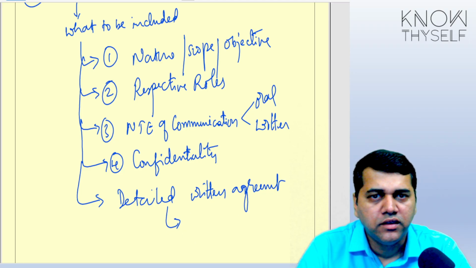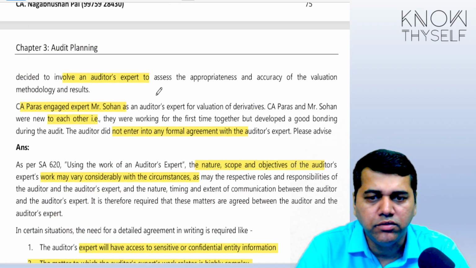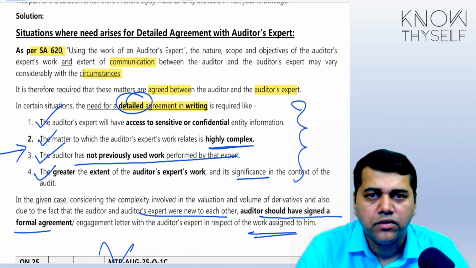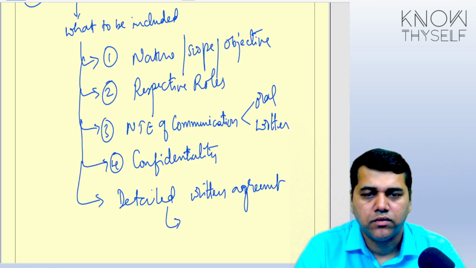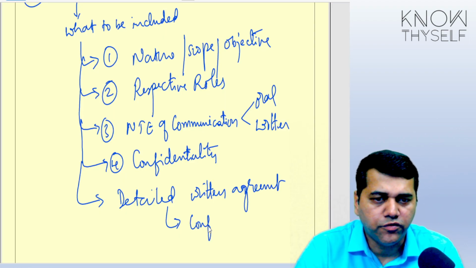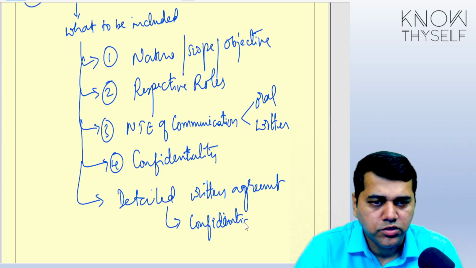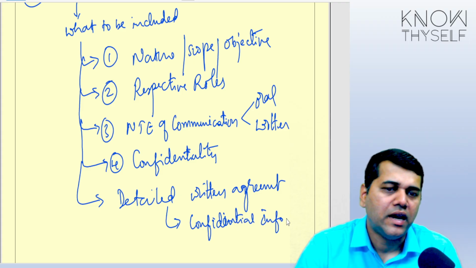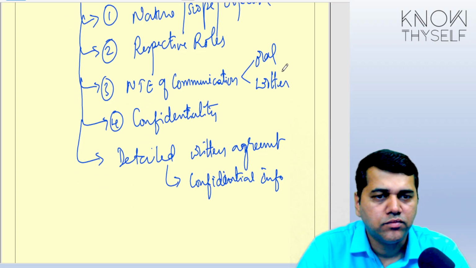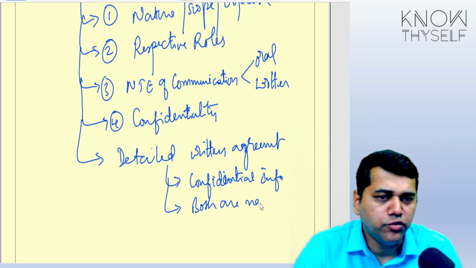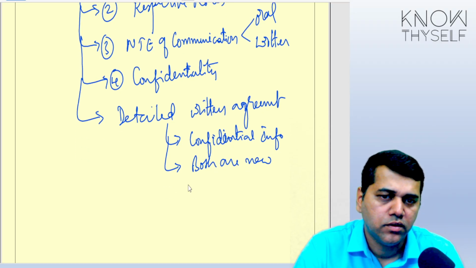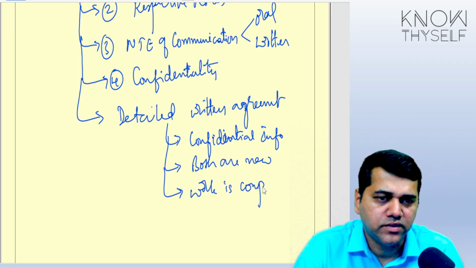These are all the points when you need to have it: when you have access to confidential info, both are new to each other, work is complex, and greater reliance on experts.